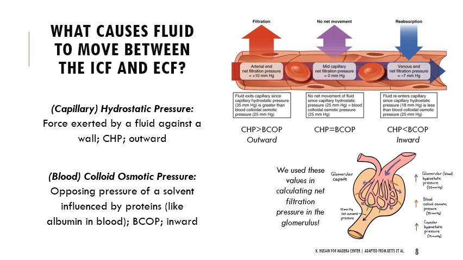The glomerular blood hydrostatic pressure is another way of saying capillary hydrostatic pressure because the glomerulus is a capillary network. So we saw a more complex example of these different values when we were looking at glomerular filtration rate. In general, when that hydrostatic pressure outweighs the osmotic pressure, we have filtration moving outward. When the hydrostatic pressure is less than the osmotic pressure, we have reabsorption.